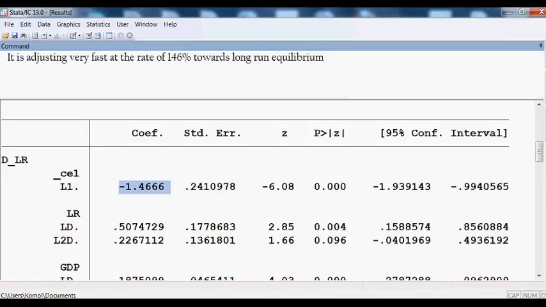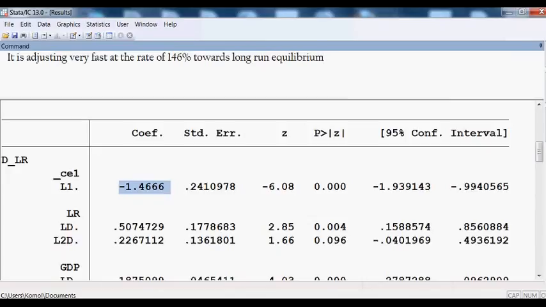So it is adjusting, this one is 146%. It is adjusting very fast at the rate of 146% towards long run equilibrium.